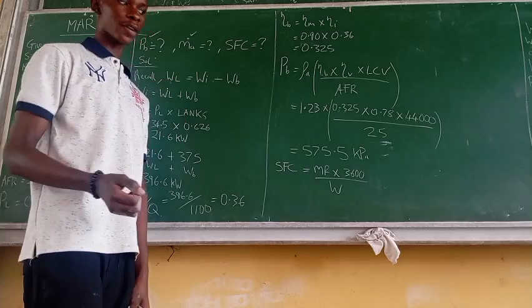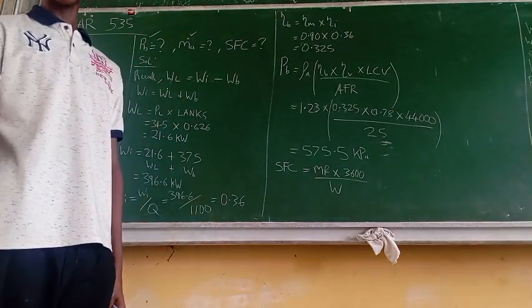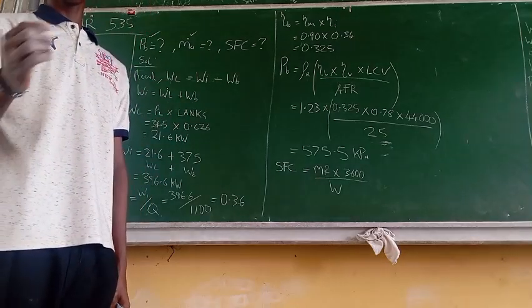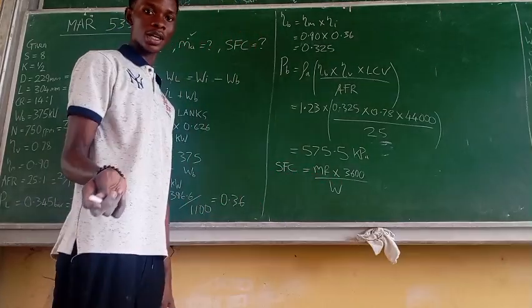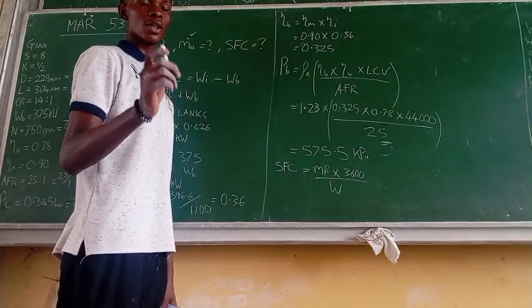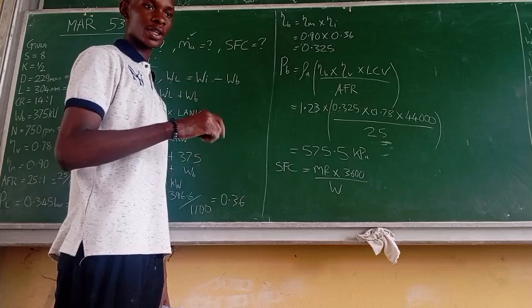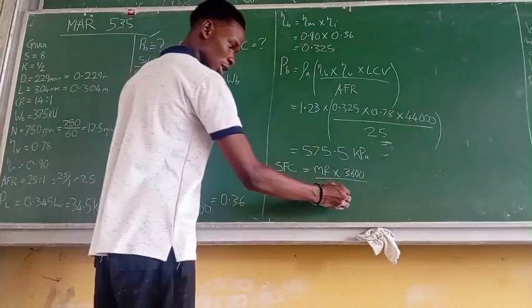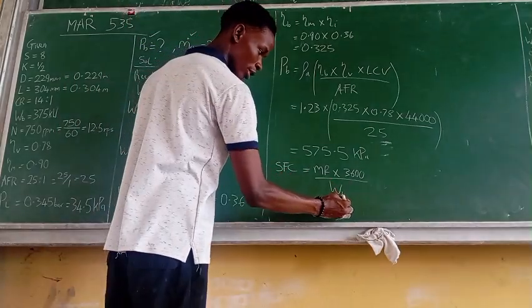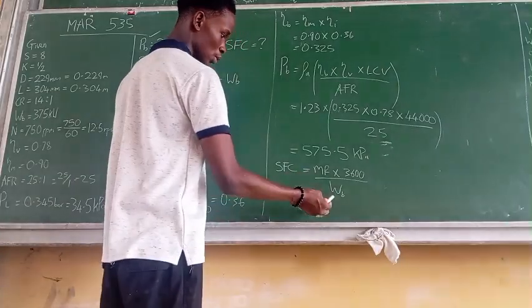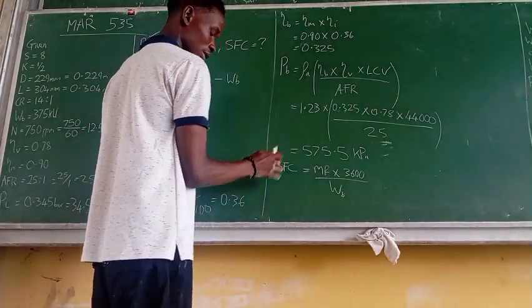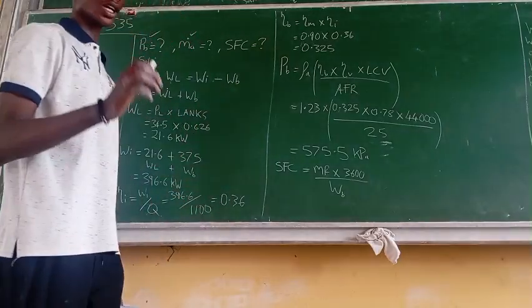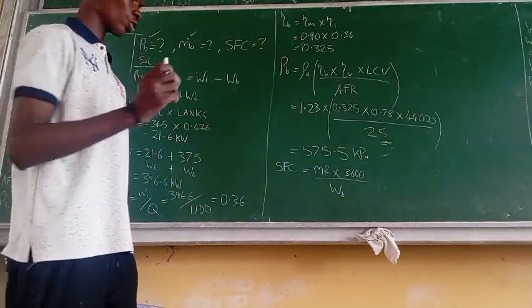There is indicated SFC and there is brake SFC. The only difference is using indicated power or brake power. So if you are asked to find your SFC and they don't specify indicated SFC, always use your brake power.